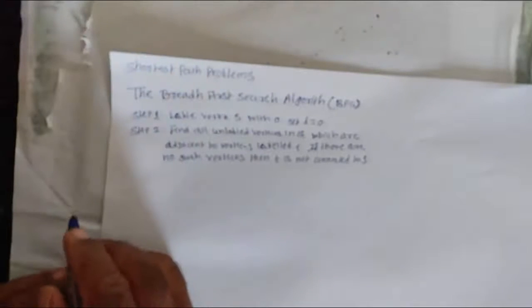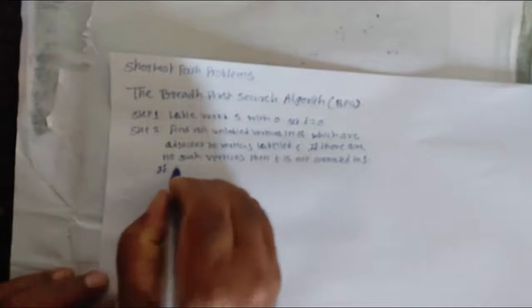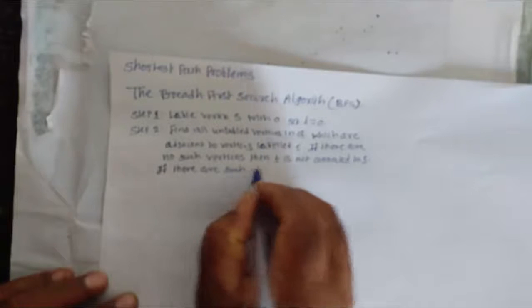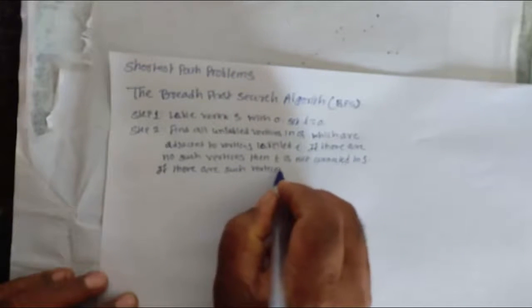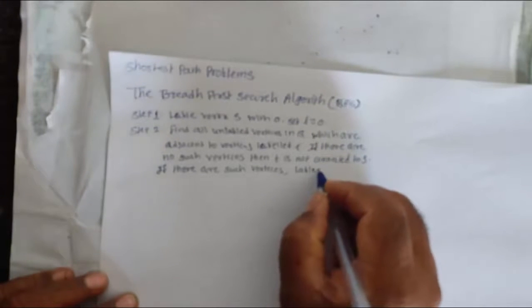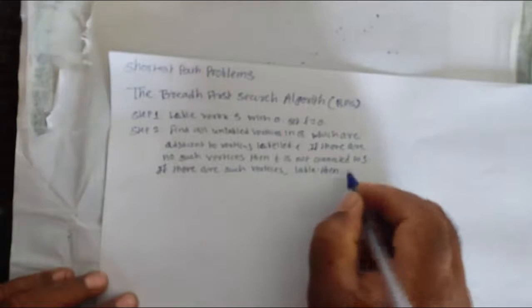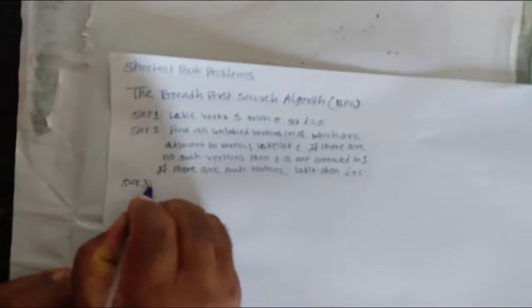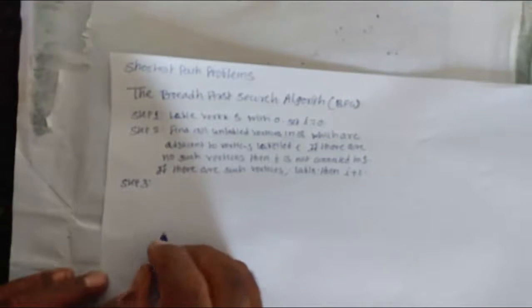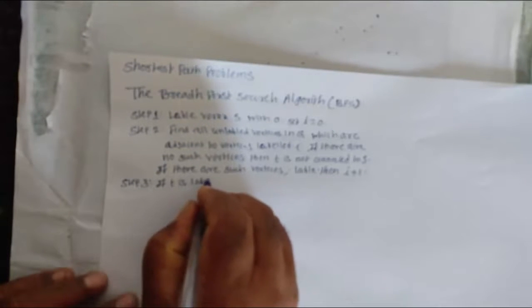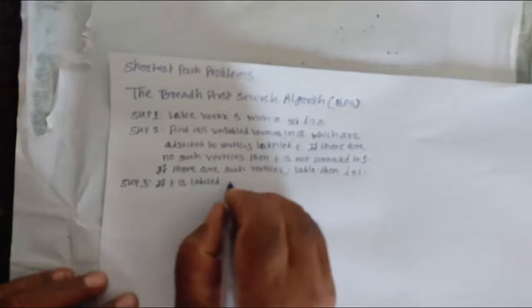If there are such vertices, label them I plus 1. Then step third: if T is labeled, go to step 4.